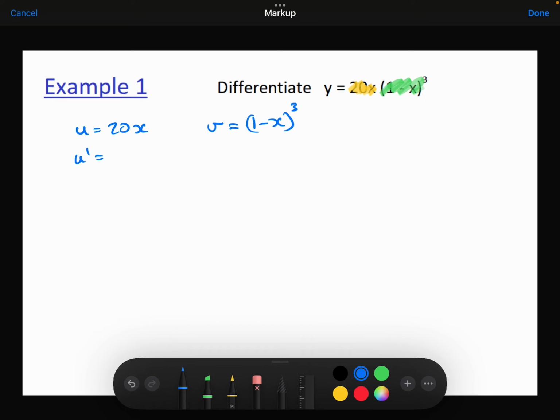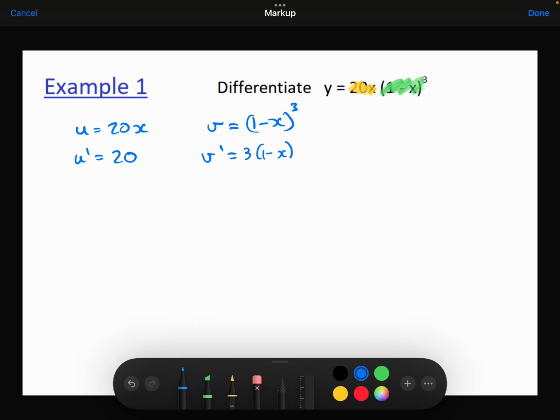u dash, so differentiating the 20x, I'll get 20. v dash, differentiating the 1 minus x cubed. Now we have to be careful about this, because we've got one function inside another function. So we have to use the chain rule. So I'm going to differentiate the cubed first.